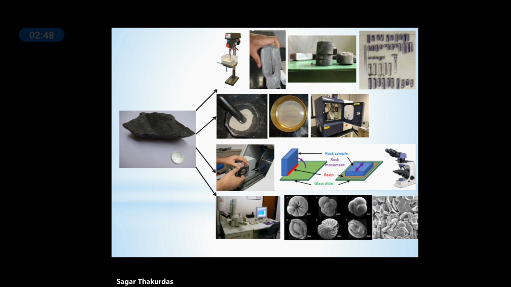Then apart from this, we went for thin section analysis, wherein a small chip of rock fragment is extracted from this whole rock, and this chip is then mounted on a glass slide.